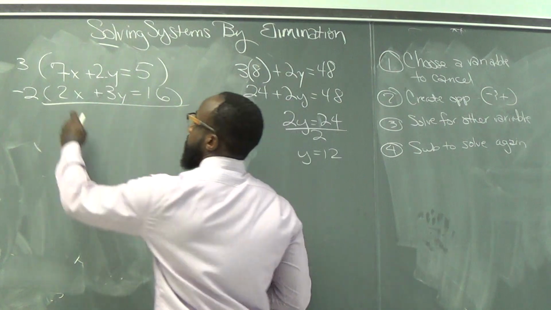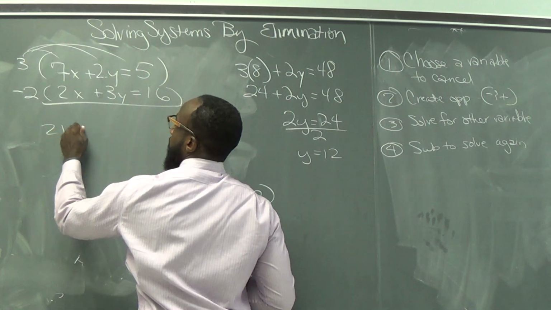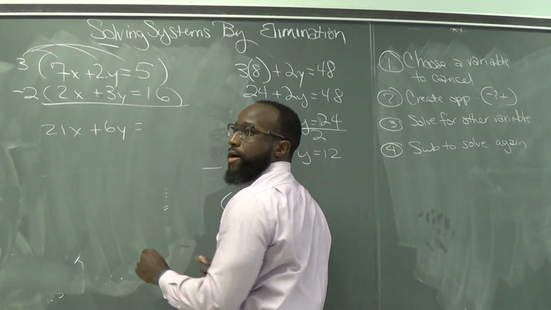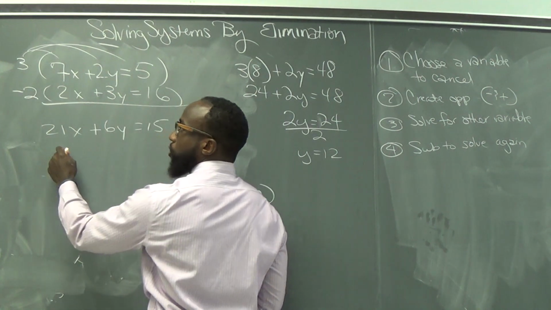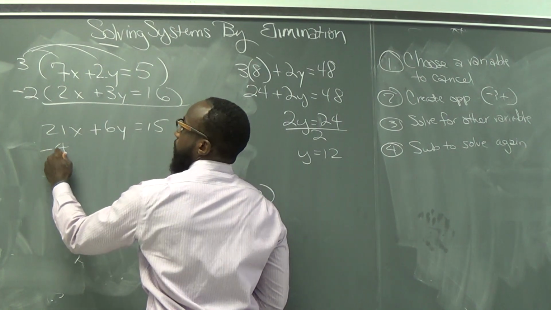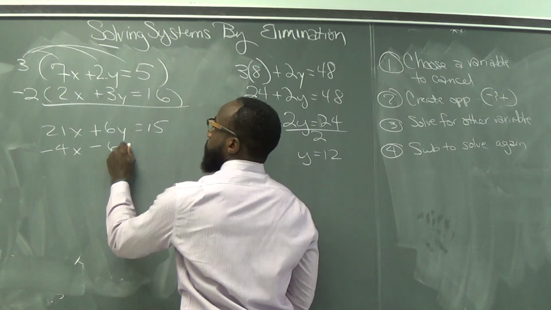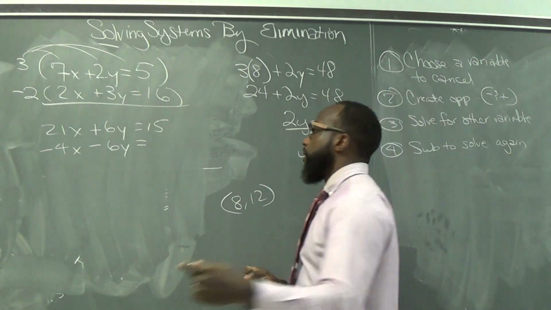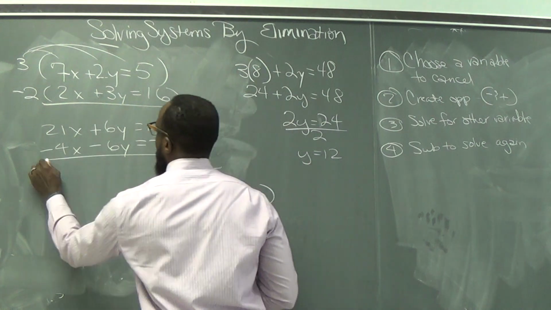Alright, so we distribute. 3 times 7 is 21x, 3 times 2 is 6y, and 3 times 5 is 15. Then -2 times 2x is -4x, -2 times 3y is -6y, and -2 times 16 is -32.